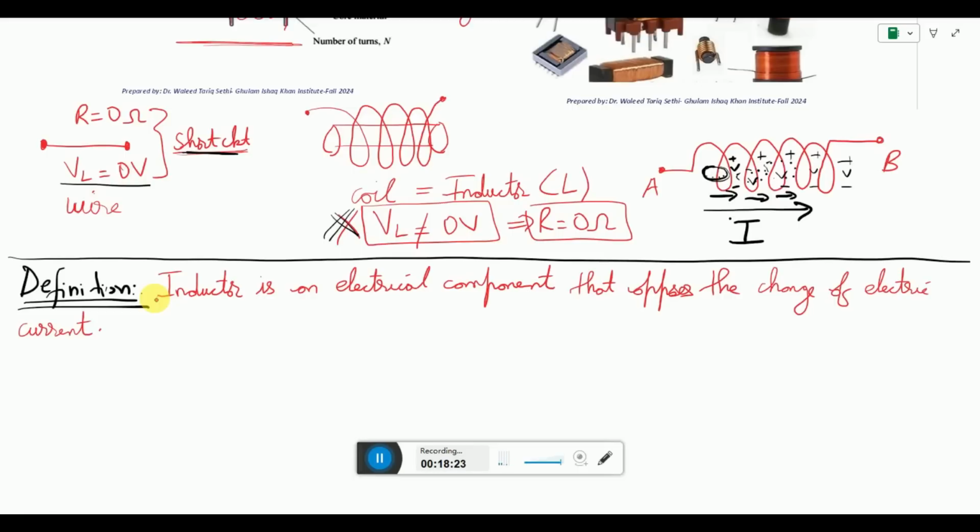So this is what an inductor is, if you want to define it in a traditional way. And what the change or the opposition of electric current is, we are going to see shortly.